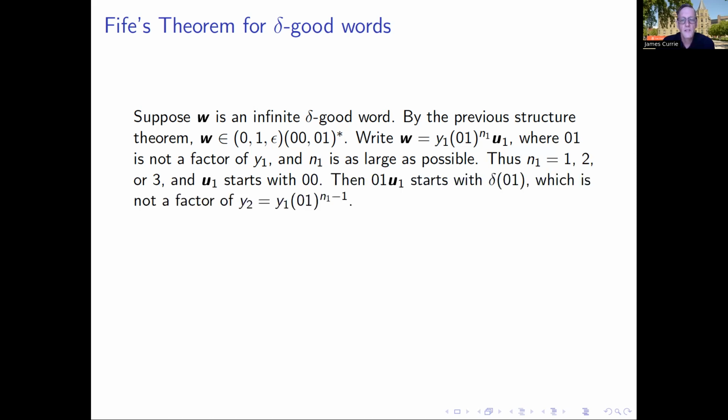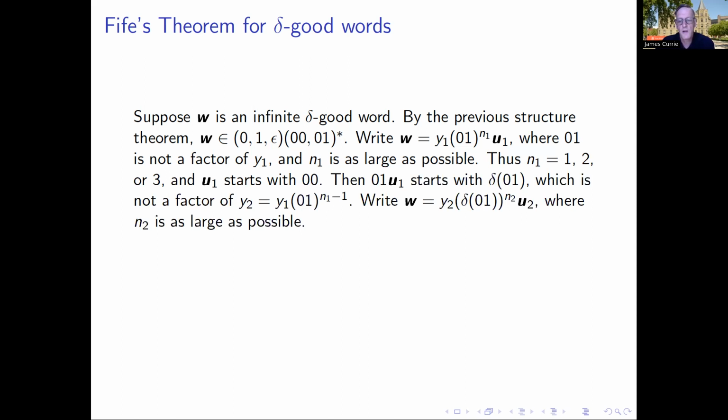That means that U1 starts with 0, 1, 0, 0, which is the image of 0, 1 under delta. And this delta of 0, 1 is not a factor of Y2, where Y2 is Y1, 0, 1 to the N1 minus 1.